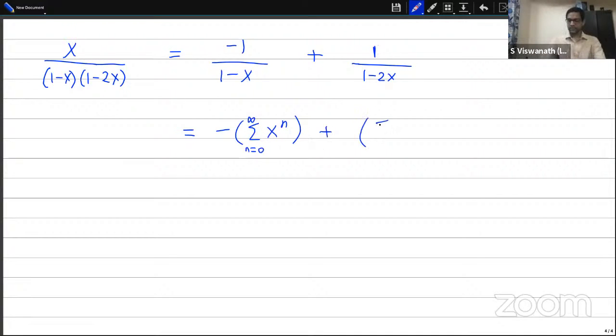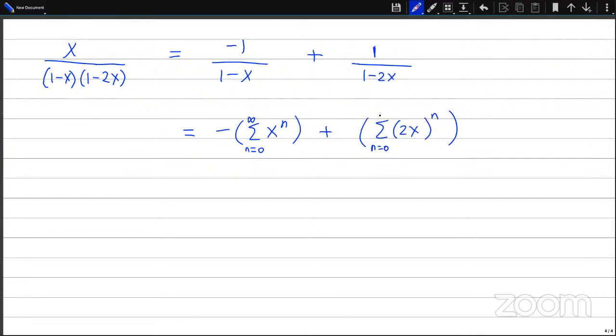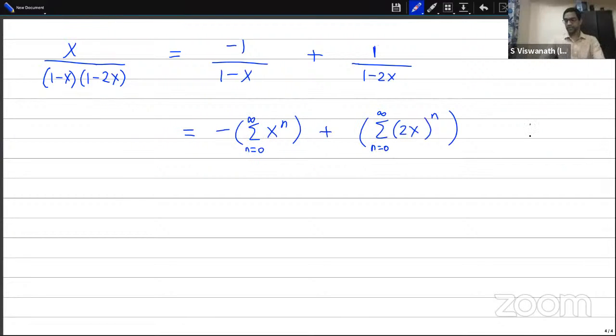The second term is the summation of 2x whole power n. I've just written the geometric series, and the first one is valid when mod x is less than 1, the second when mod 2x is less than 1. So both are valid when mod 2x is less than 1, meaning mod x is less than half.